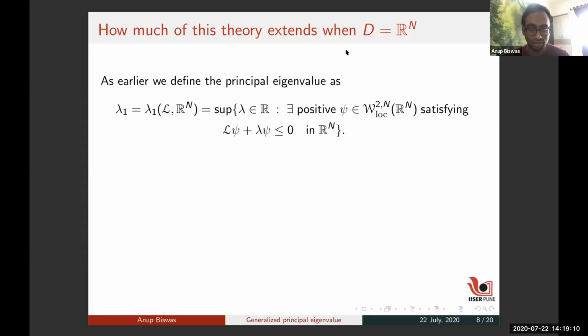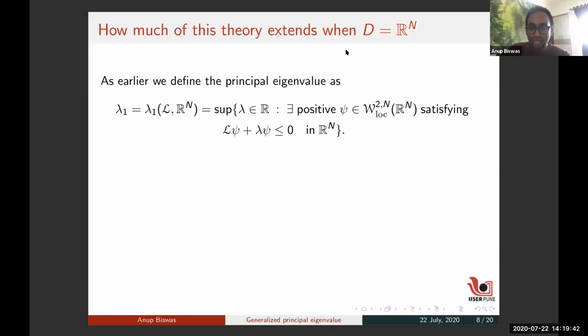Rather, I'm sticking to D equal to Rn. So you take the unbounded domain and try to understand what is the notion of a generalized Dirichlet principal eigenvalue. Now Dirichlet won't make sense, there is no boundary, but you can talk about generalized principal eigenvalues and eigenfunctions, and so, of the 5 properties that I listed for bounded domains, how many of them hold true when you have an unbounded domain.